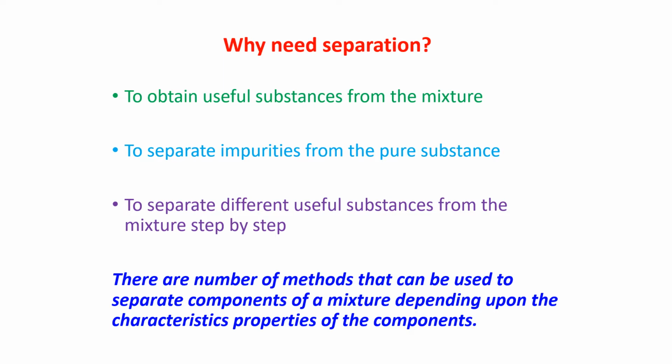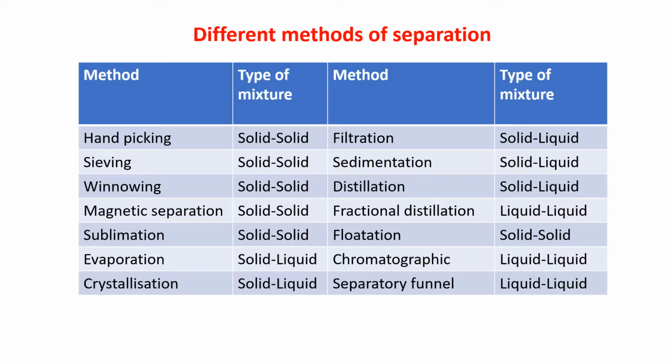Now, as I told you, there are a number of methods that can be used to separate components of the mixture depending upon the properties of the components. In this table, the different methods of separation are given for different types of mixture.